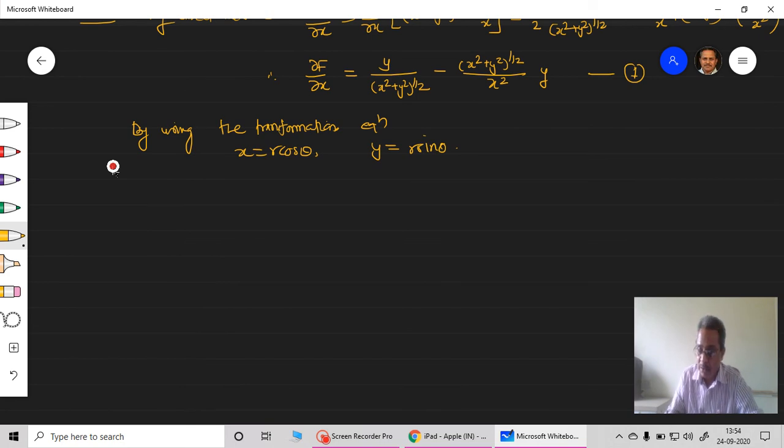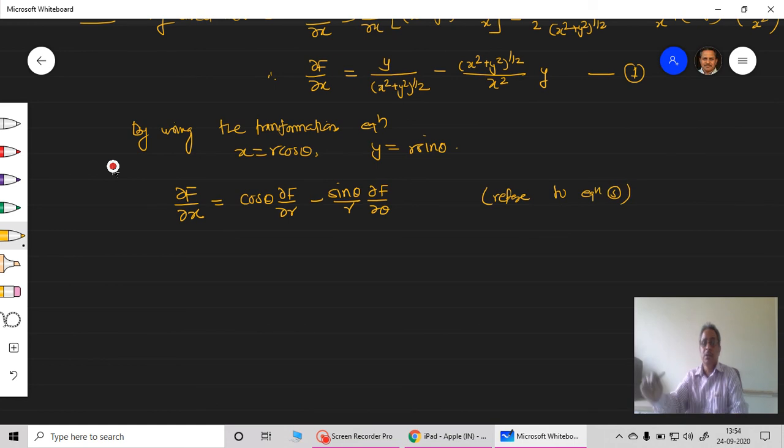So the partial differentiation of f with respect to x using the method of change of variables, equation number 5 in the earlier discussion, we can write del f upon del x is equal to, this is what we have already written, cos theta into del f upon del r minus sin theta upon r into del f upon del theta. So refer to equation 5 in the earlier discussion.